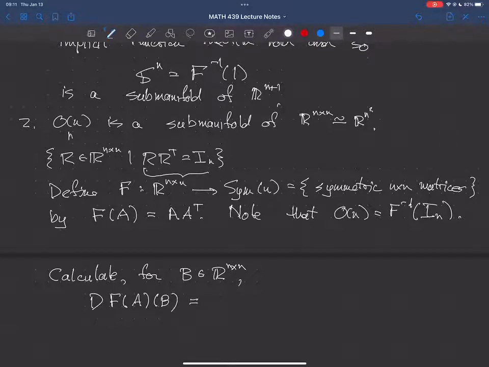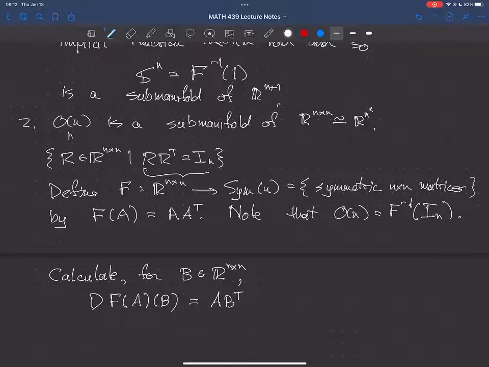And again, I notice here that this function F is quadratic. And so you can differentiate F by fixing the first argument and differentiating with respect to the second, or fixing the second argument and differentiating with respect to the first, and then use the product rule. So I'm first going to fix the first entry and differentiate with respect to the second, in the direction of B. And if you do that, you get A B transpose.